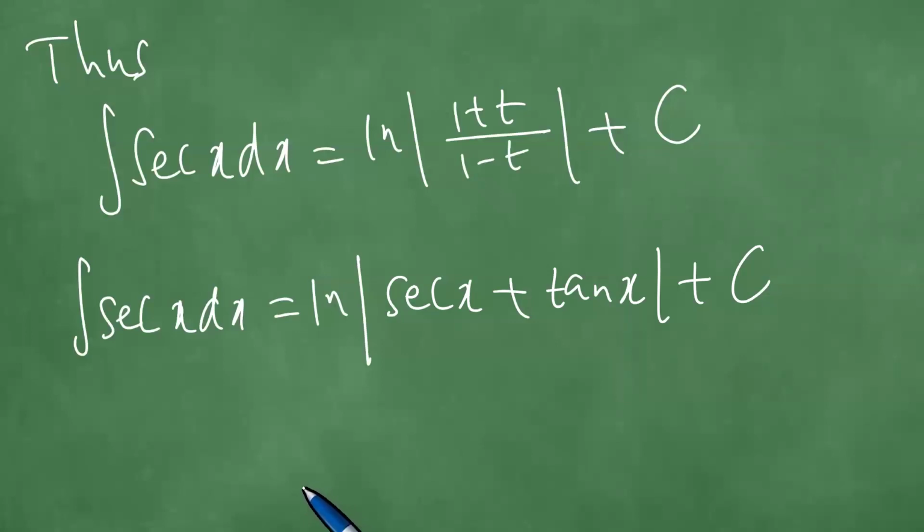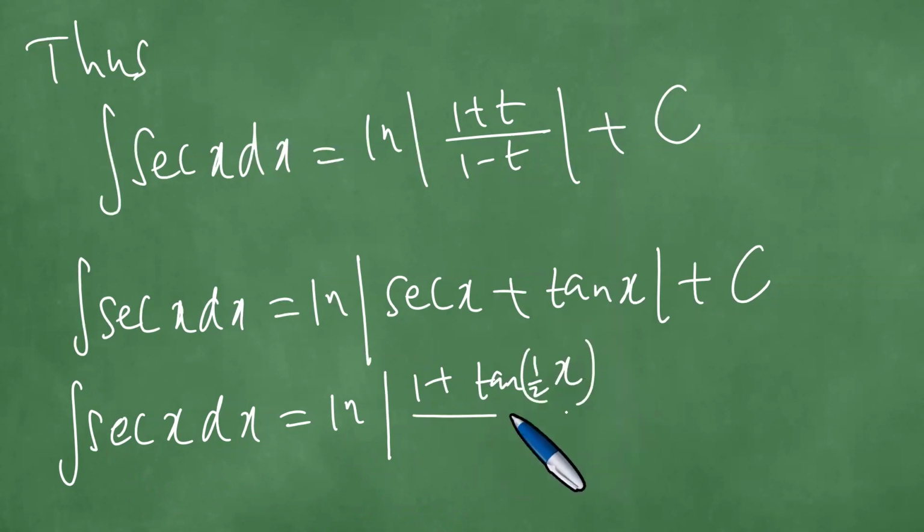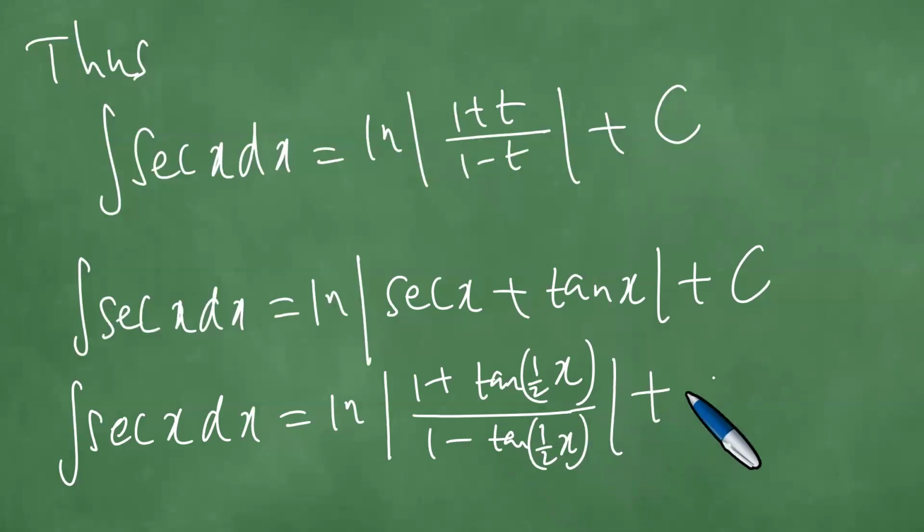Somebody can also say that the integral of the secant of x dx is the natural log of the following, from the fact that t is the tangent of 1/2 x, so 1 plus t over 1 minus t becomes 1 plus the tangent of 1/2 x over 1 minus the tangent of 1/2 x, and we add the arbitrary constant c of integration.